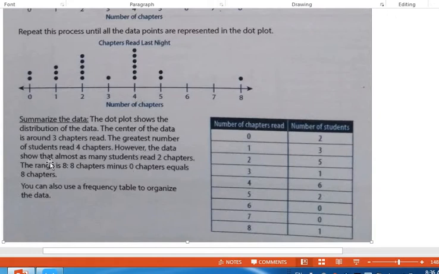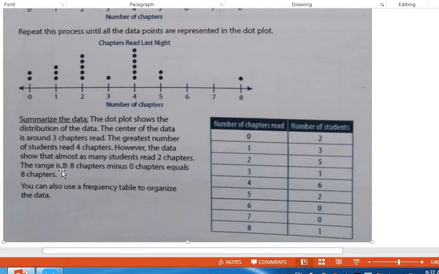However, the data shows that almost as many students read 2 chapters. How many students here? 1, 2, 3, 4, and 5. So 5 students read 2 chapters, and 6 students read 4 chapters.